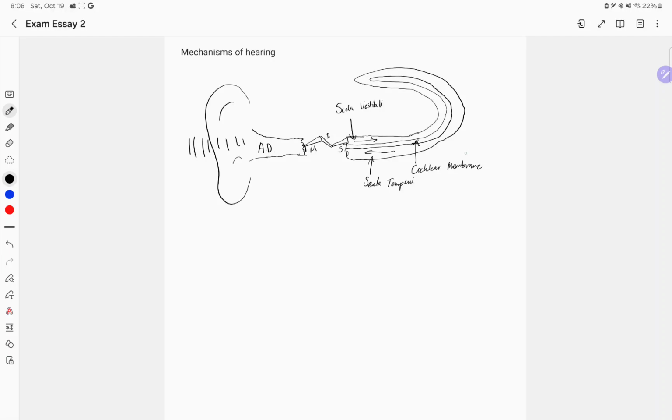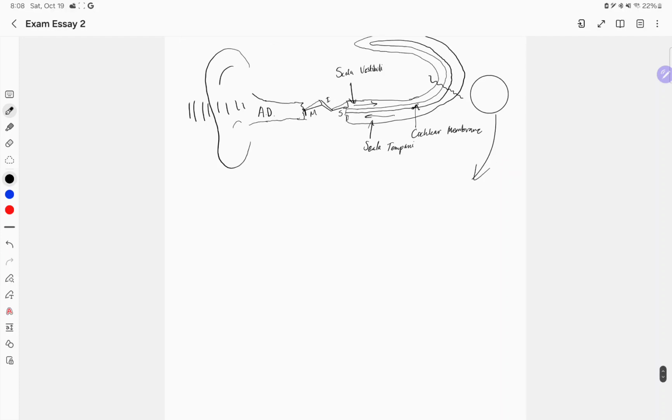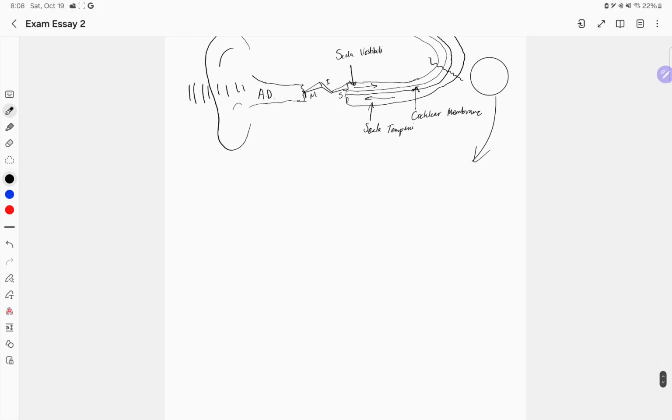So how does this work exactly? Well, if we were to take a cross section of this and just look at it straight on, I'm going to go ahead and draw that down here. Let me just draw it like this.